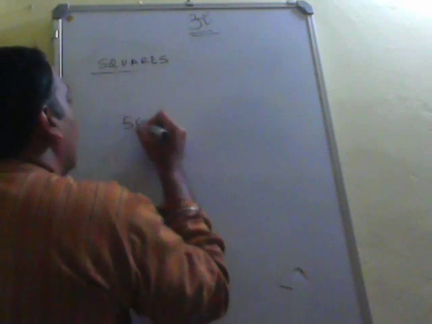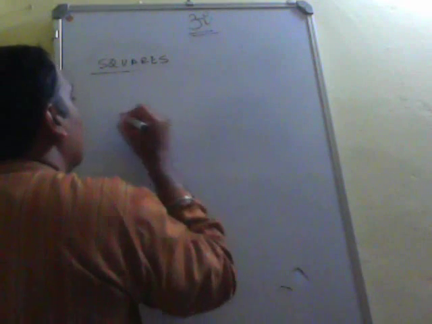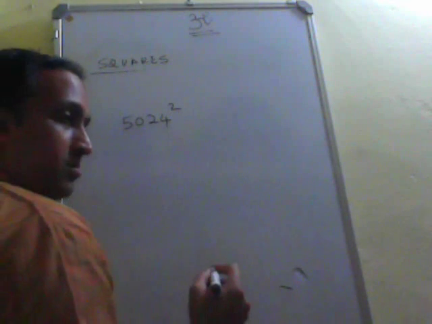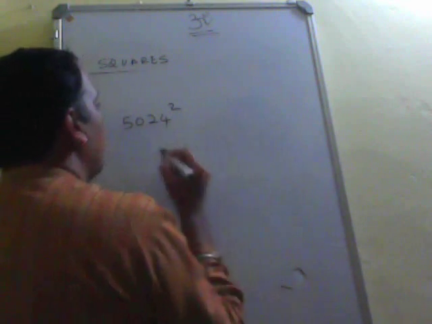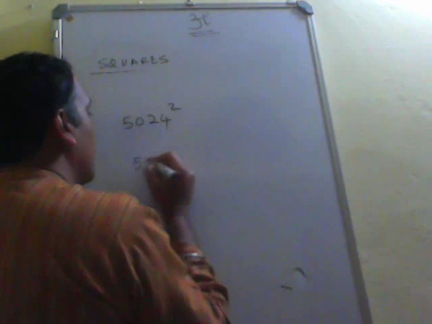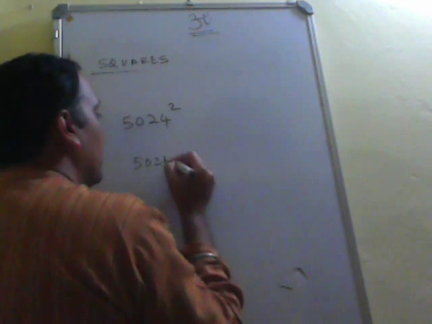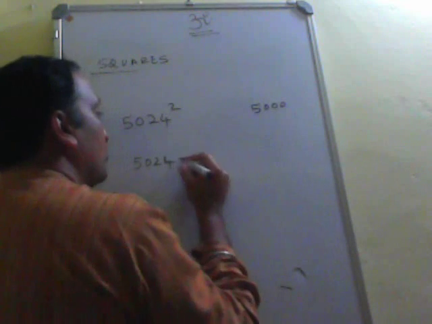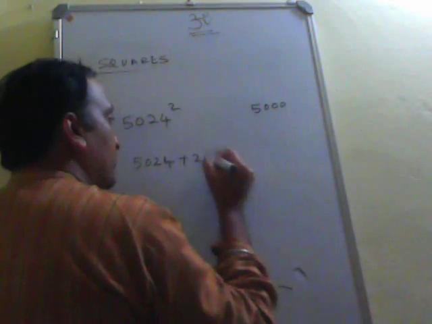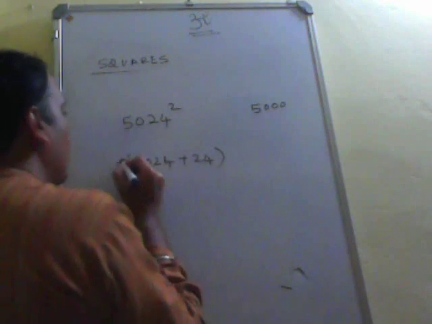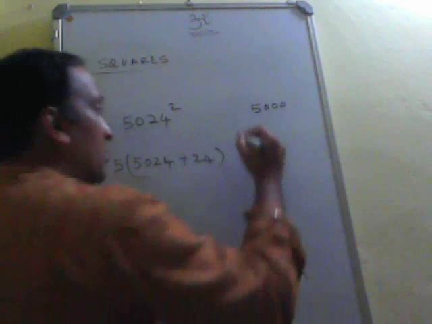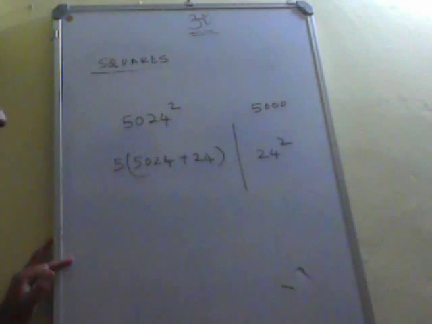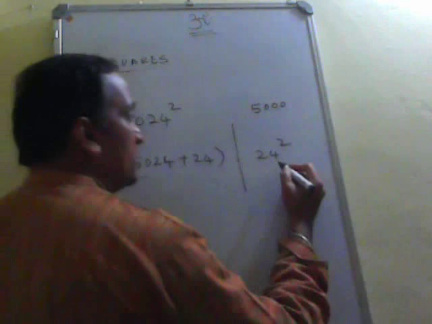Near to the base, 5024 square. 5,000 you will keep as base. 5024 minus 5000, plus 24 is the difference. So 5 times, slash 24 square. So 24 square is how much?